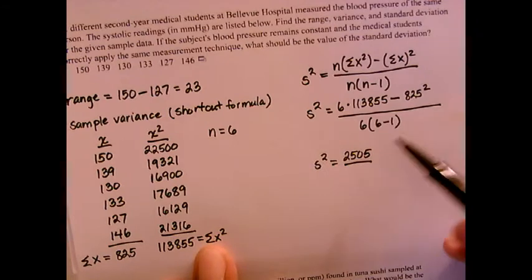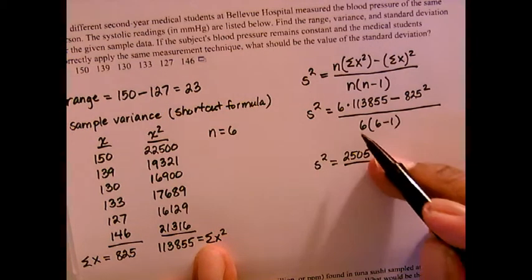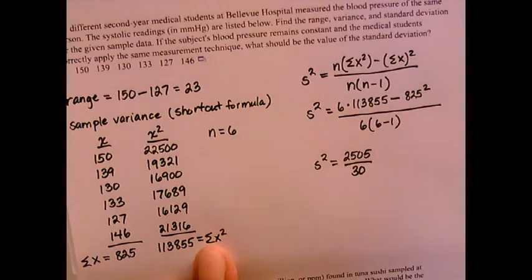And that's divided by, now the denominator, if I do 6 minus 1, that's going to be 5. 5 times the 6 on the outside will be 30. Okay, so I'm just applying the order of operations by doing what's inside the parentheses first.